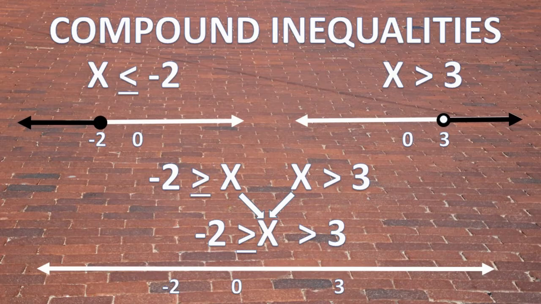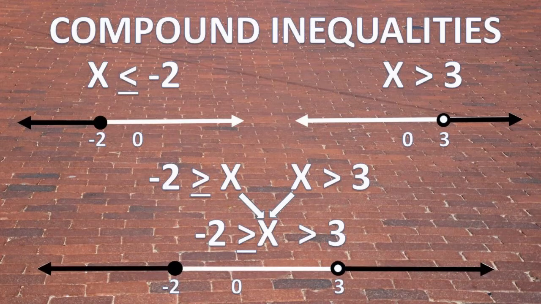Now that we've combined our inequalities, let's graph the two inequalities. We need to place negative 2 and 3 on a number line. The first step to graph our inequalities is to place the dots over the numbers. We'll put a closed dot over the negative 2. The 3 would get an open dot. Now that we've got our dots, we'll draw our arrows.